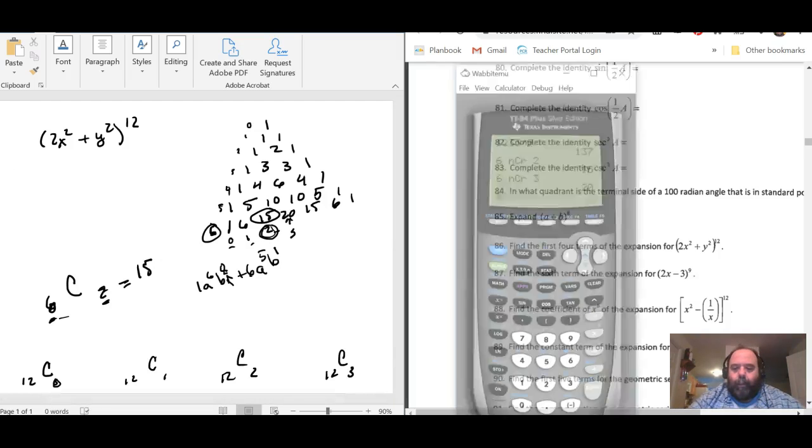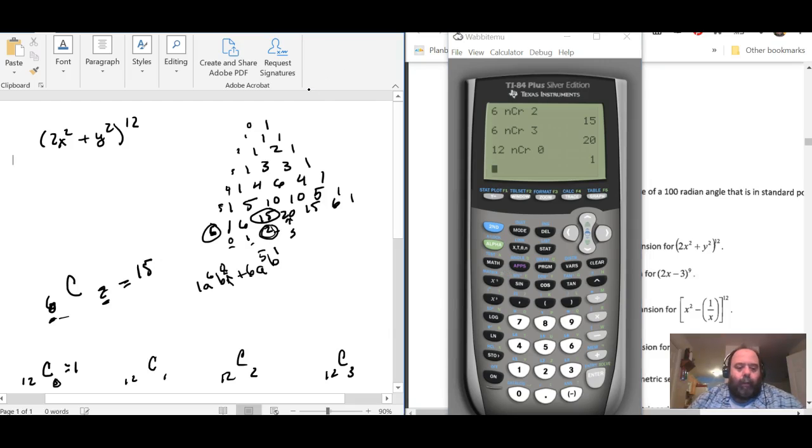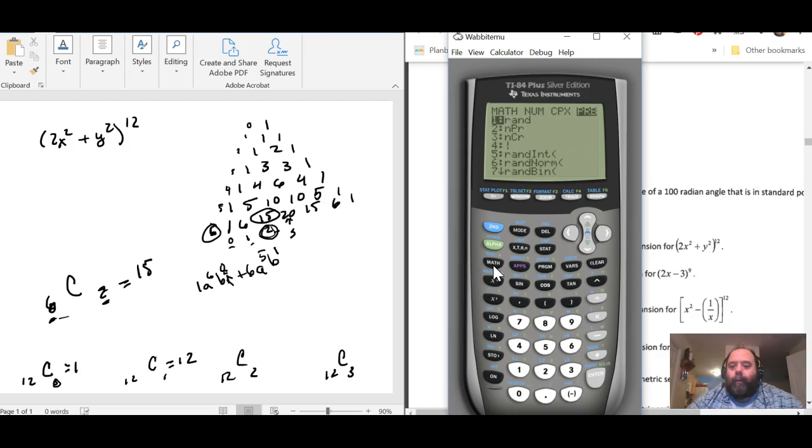So let's figure out what those are. So let's go 12 math choose, why did I do that again? I don't know. Math probability choose 0 should be 1, right? Because all of these are 1s. So that's the 1. We should expect 12 choose 1 to be 12. So let's try that again. 12 math choose 1 is 12.